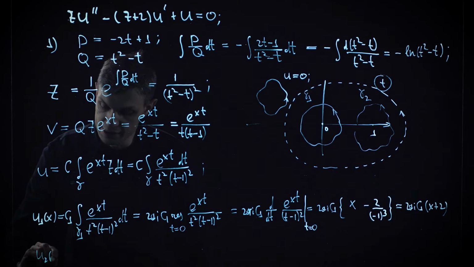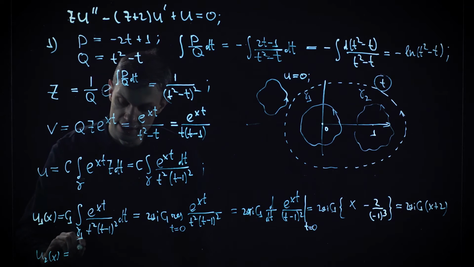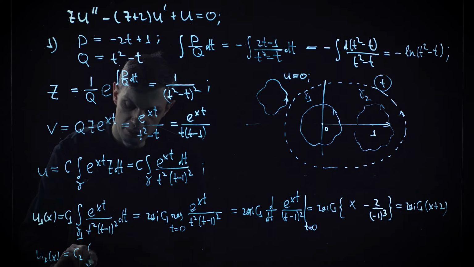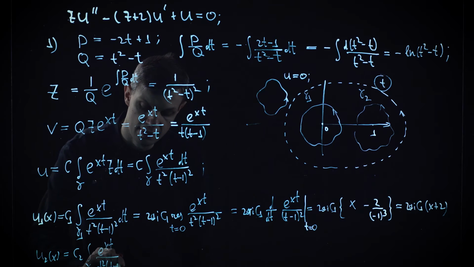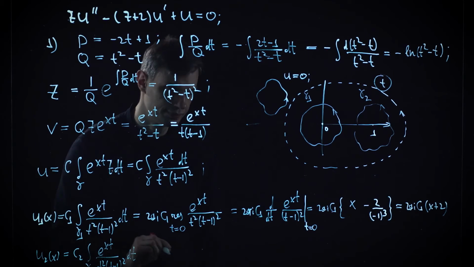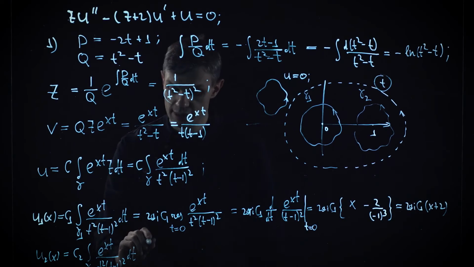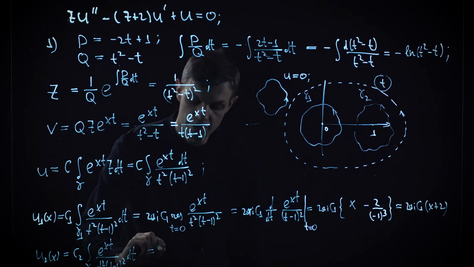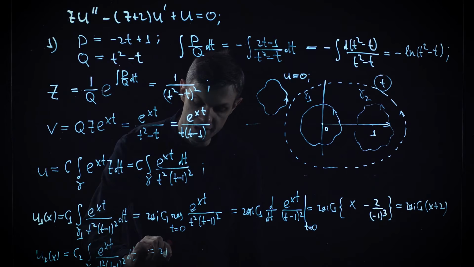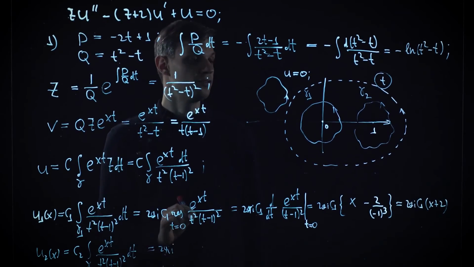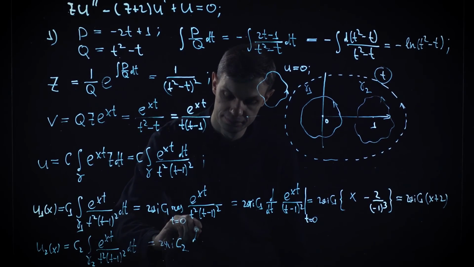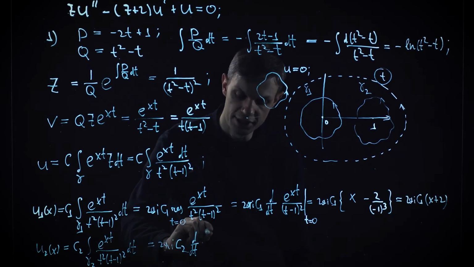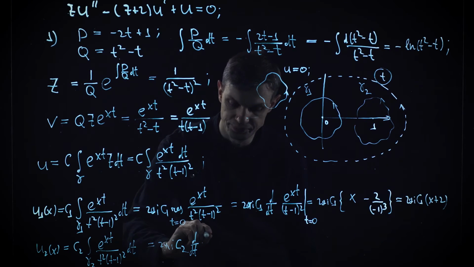So u2 of x is simply equal to c2 times a very similar integral, but taken along the second circle. Again, it's a second order pole, so the whole solution is defined by the first order derivative of the integrand taken at point t equal to 1.